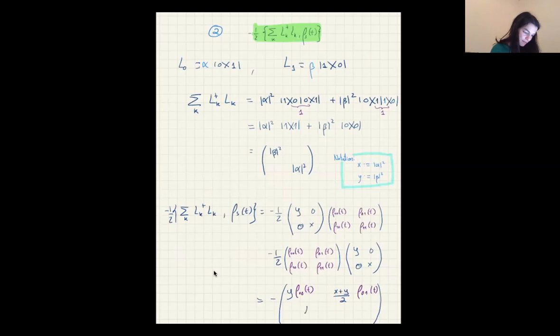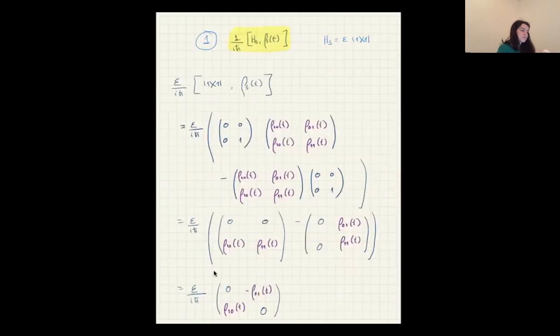That's going to be something times rho 1,0 of t, and there's going to be something times rho 1,1 of t. And these somethings are x, and here again, x plus y over 2. You can compute this very easily if you just multiply these matrices and then sum them. So this was term number 2. Let's go to term number 3.